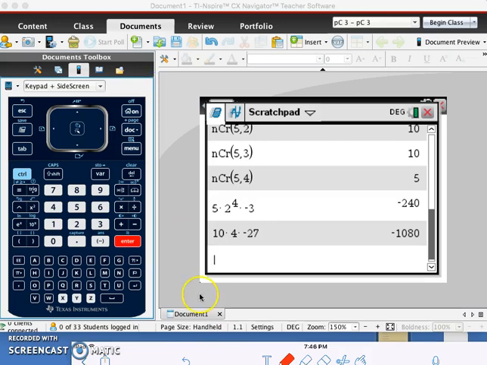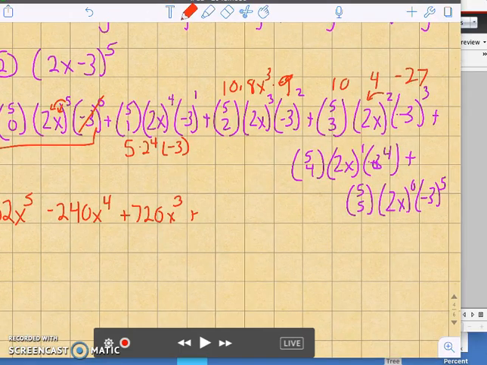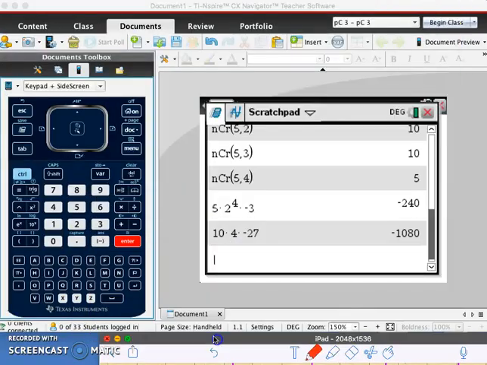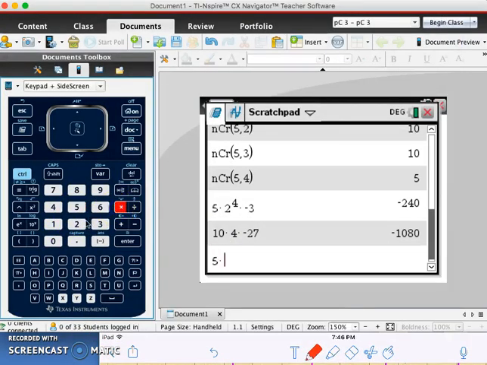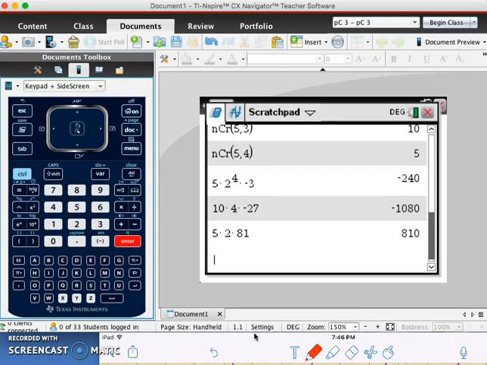So negative 1080x squared. Let's see the next one. 5 choose 4. So that was 5 times 2. And this would be 81. So 5 times 2 times 81. So we have 810.